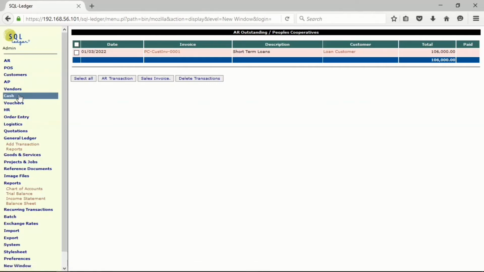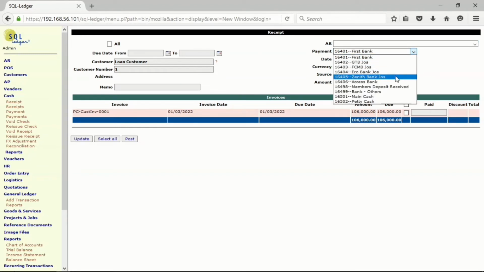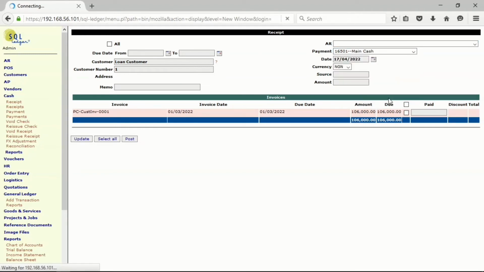We go to cash and select receipt. And it's defaulted to this customer because he's the only one that's here. We are receiving the payment from cash. So let us click on this and select that the customer is paying 20,000.